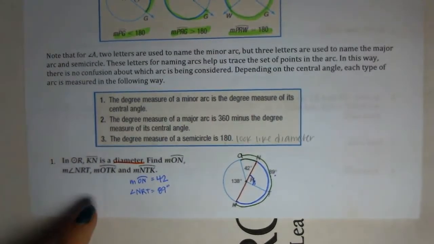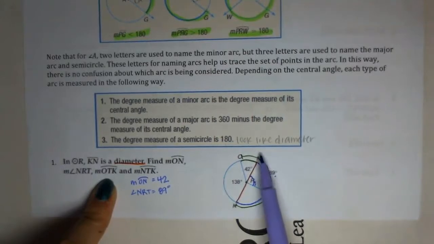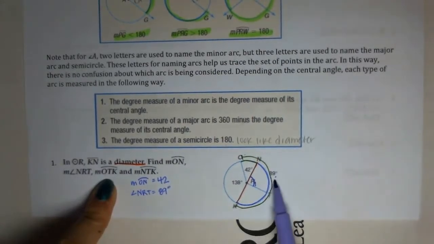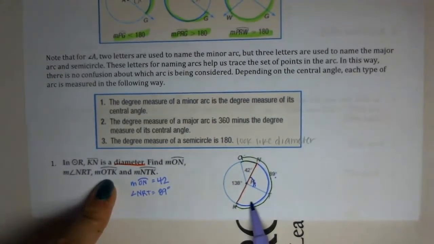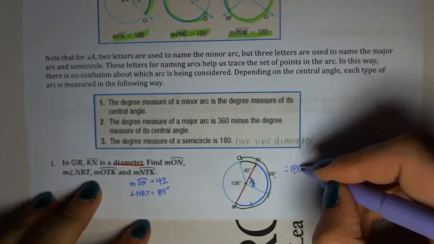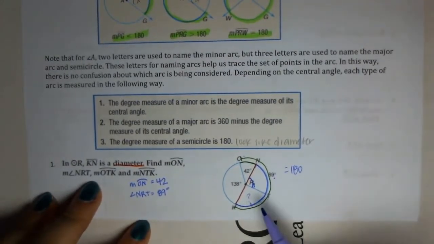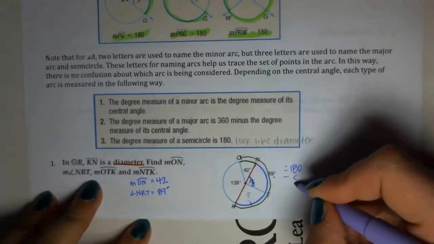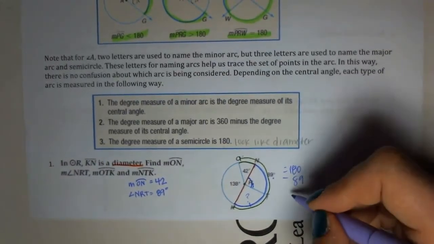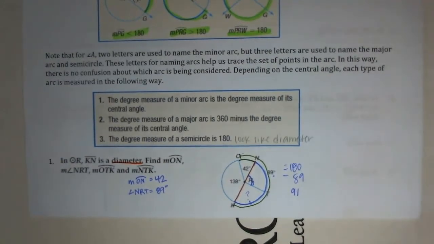It wants us to find the measure of OTK, so this big one. We can find this arc because we know that NK is a diameter, which means it equals 180. So I can subtract 89 from 180 to find this measure, and I get 91.